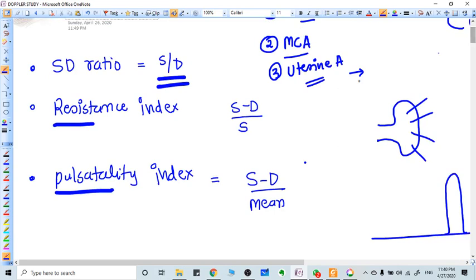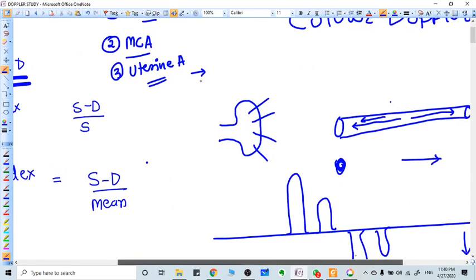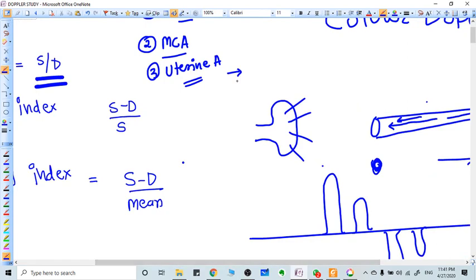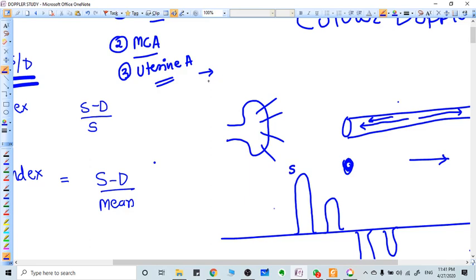First of all, you need to remember what is S and what is D. Let's come to here. When there is a systole in the fetal heart, we term it as S. When there is a blood flow during the systole of the heart, we term it as S wave.